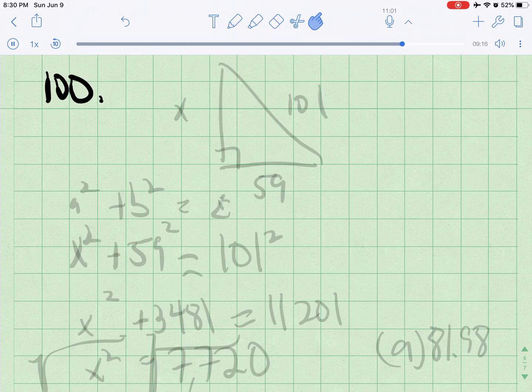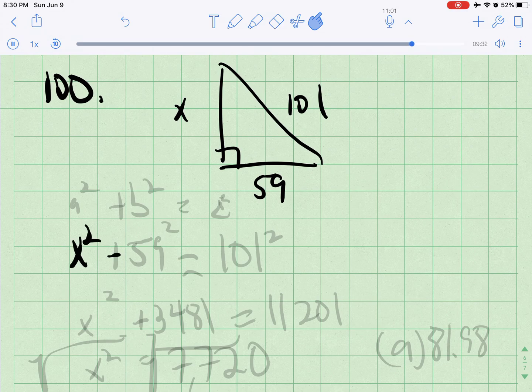Number 100. This one is a little bit ridiculous if they want to do this without a calculator. 59 and 101. We got to draw this picture. They want us to find x without a calculator. So we've got x squared plus 59 squared equals, because Pythagorean theorem is a squared plus b squared equals c squared.